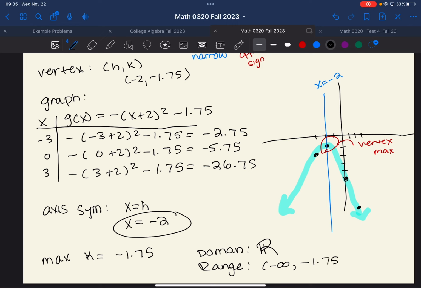And are we going to include it with a bracket or not include it with a parenthesis? Bracket, because this is our vertex, right, up here, and that is a point on our graph, so it is included. So we're always going to have a bracket when we're dealing with the range of our quadratic functions.